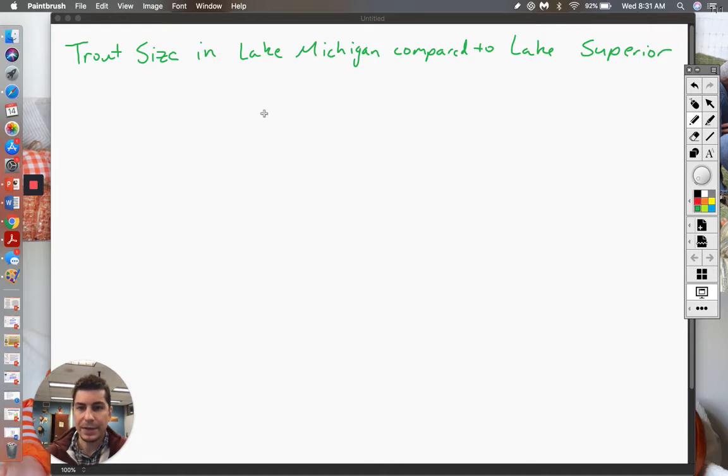So let me give you some data here. And again, we're just doing trout size. Let's switch my colors here. We'll start off with Lake Michigan. Okay. So I'm just making numbers up, guys.